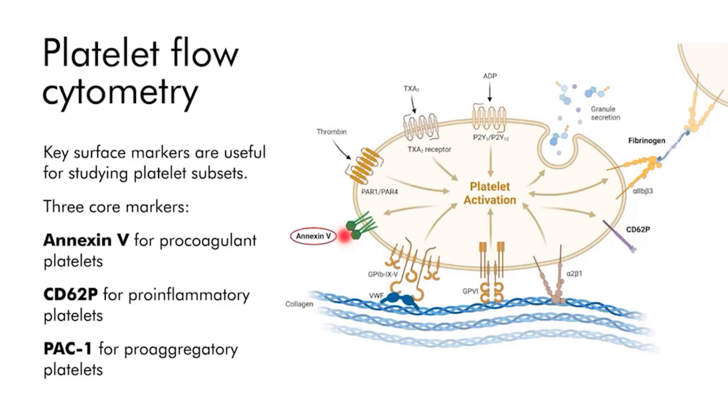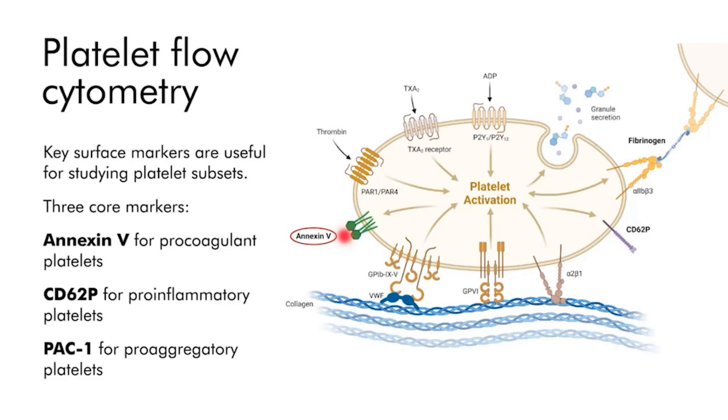Activated platelets also express phosphatidylserine, which can be detected using annexin V, and phosphatidylserine provides a scaffold for attachment of coagulation factors. Platelets that bind annexin V are said to have procoagulant properties.